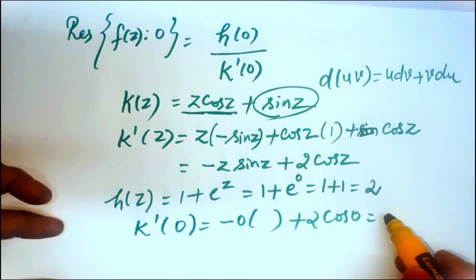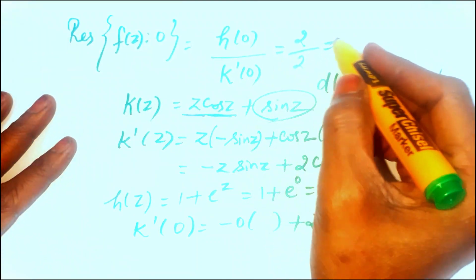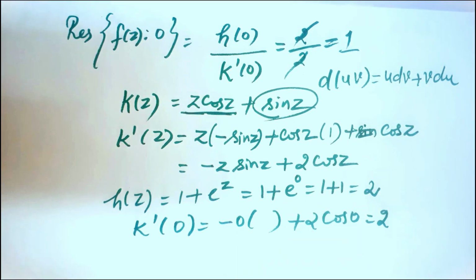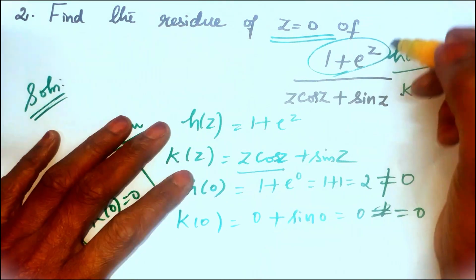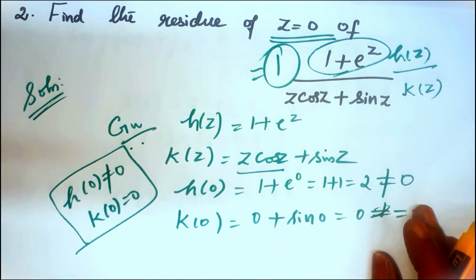Cos 0 value is 1, so 2. So this is 2 and this is 2, which is equal to 2 by 2. When we cancel, the answer is 1. So the answer for this problem is 1. So the residue of the given function is 1. Is that clear?